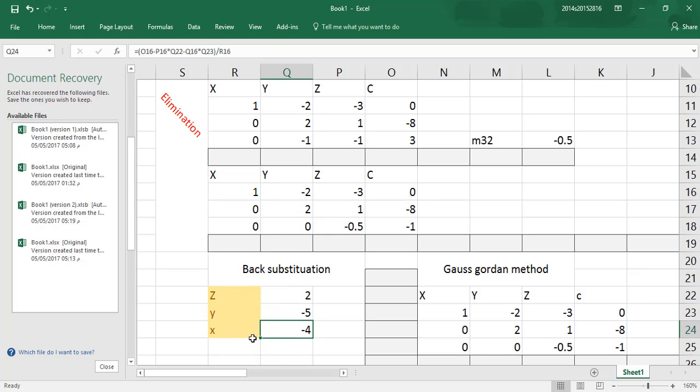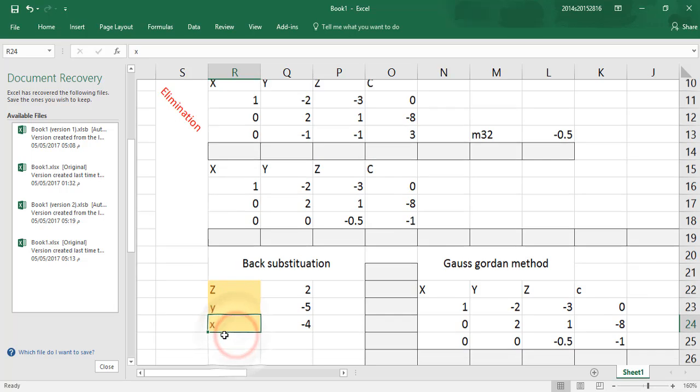To get the value of x, the row has three unknown variables, but we already have two variables, y and z. We substitute them in the first row to get the value of x.